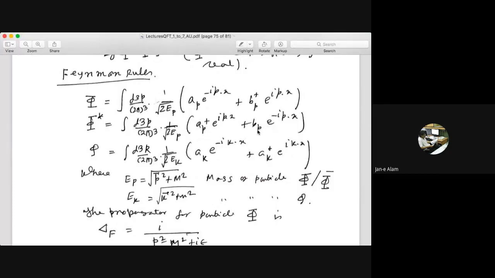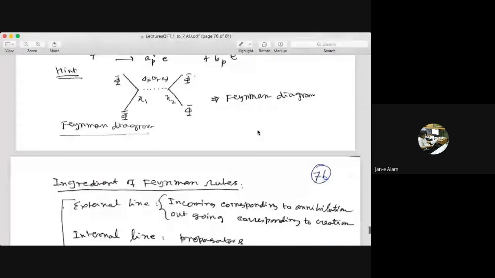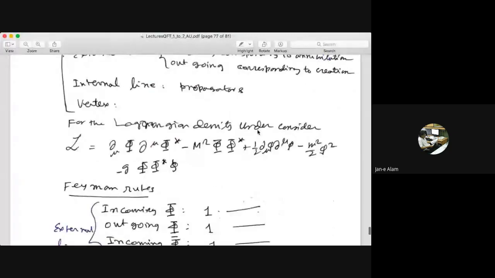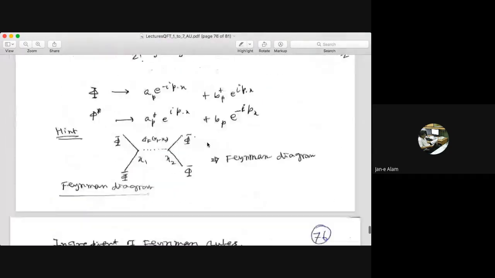So for incoming and outgoing particles corresponding to any scalar field, you have to associate a factor 1. Now let me just give you what can make a difference.